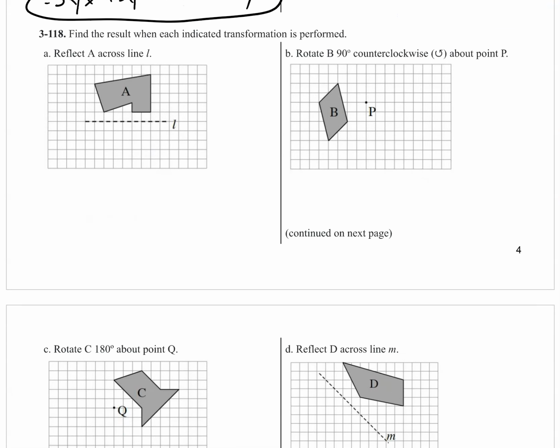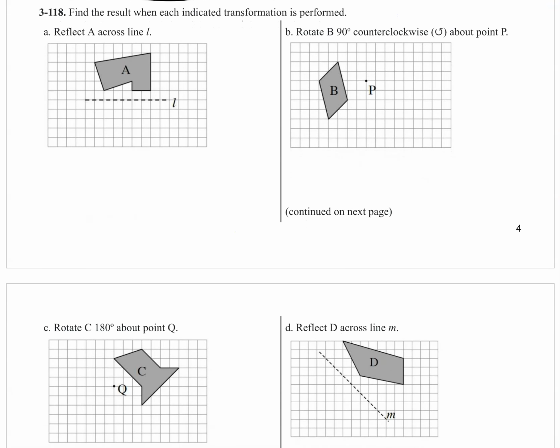3-118. Find the result when each indicated transformation is performed. Let's reflect A across line L, and let us rotate C 180 degrees about point Q. Alright, so you want to use trace paper, as always. It's a lot easier if you just use trace paper.